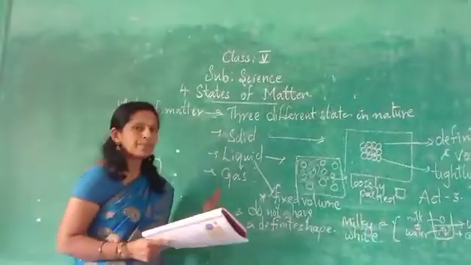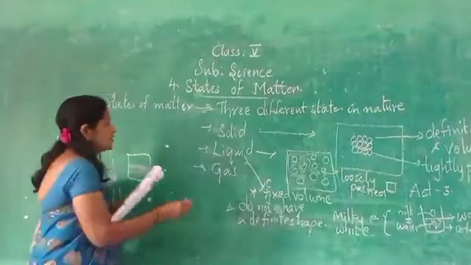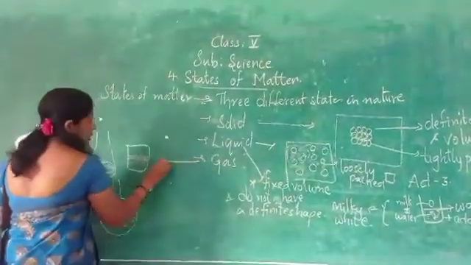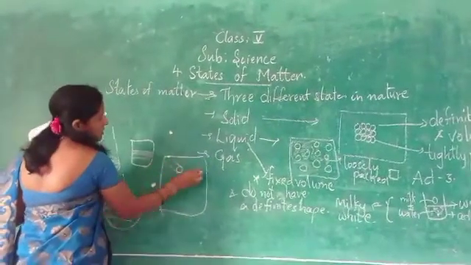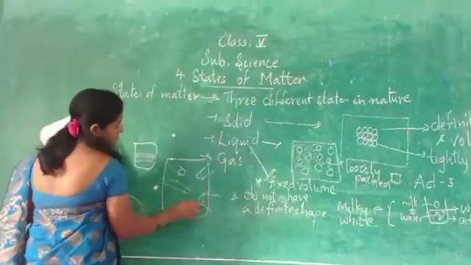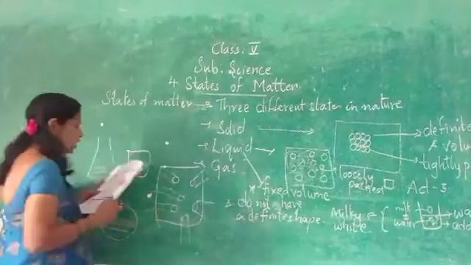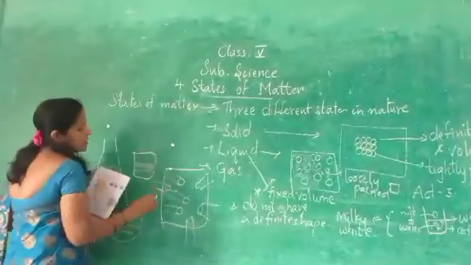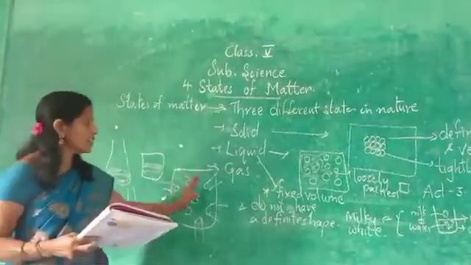Gas, beta. Next one is gas. I'm showing the gas molecules here, beta. These are the molecules. You can see that the molecules in gas are much more apart from each other.